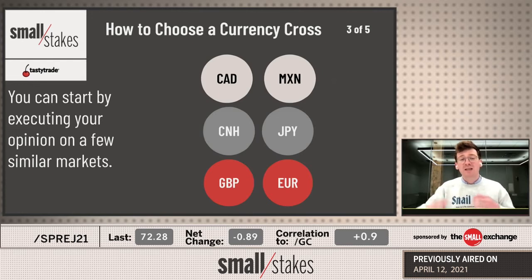Because that's the last thing you want: to have an idea on European currencies or Asian currencies, and you bet on one of them, and your idea is confirmed in the marketplace, but for the one that you chose, something specific happens to their central bank or a data release comes out of their country, and it's like, I didn't want this one-off specific risk.